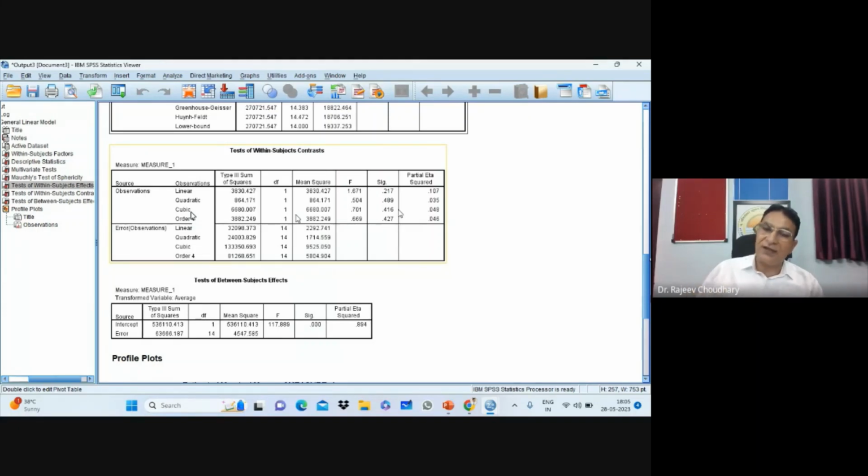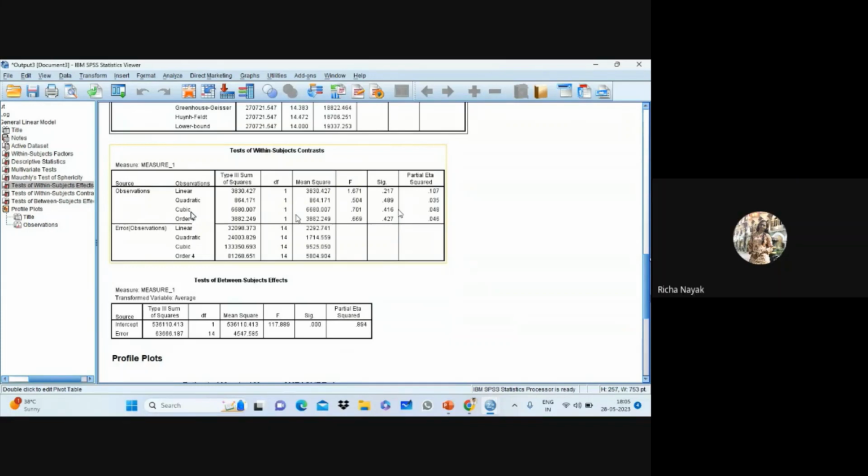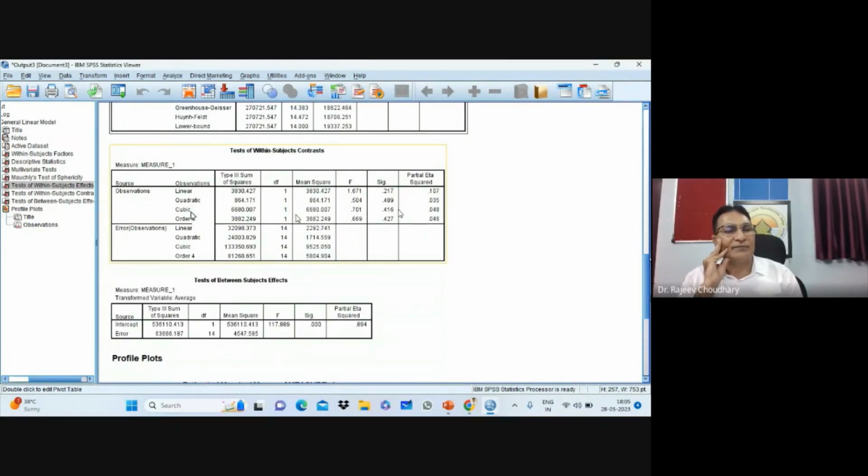If the significant difference exists, you will find out the linear trend, then quadratic trend, then cubic trend, then fourth order trend. In this, how many trends will be there? 4 trends. Means linear trend, insignificant, quadratic, insignificant, cubic.